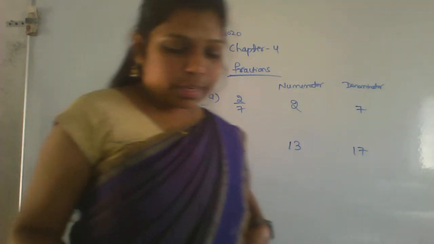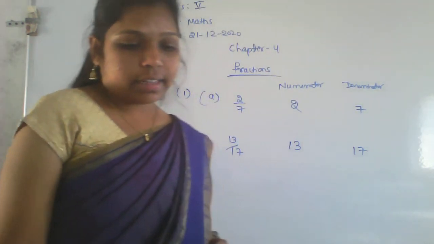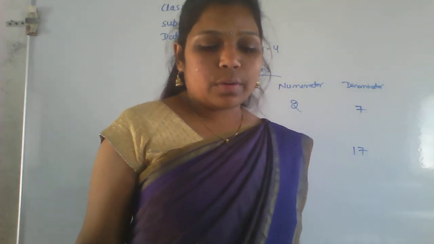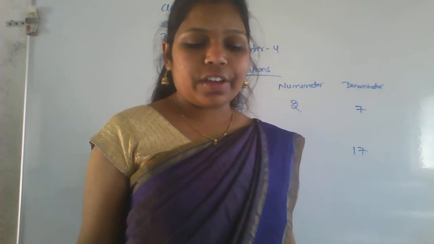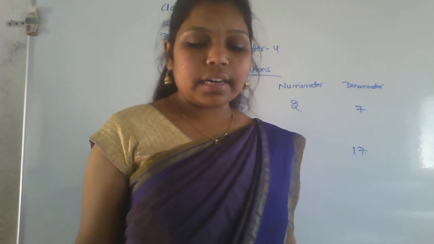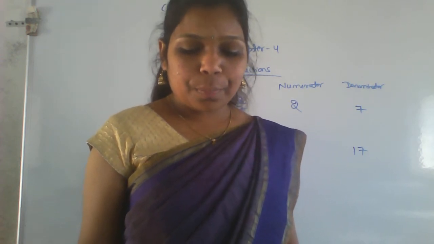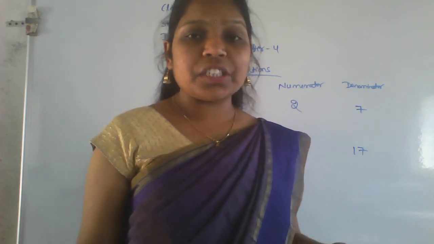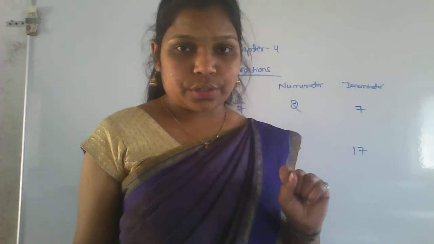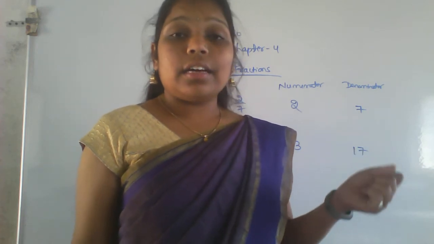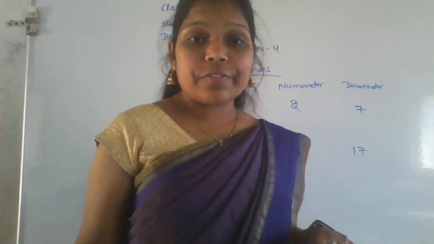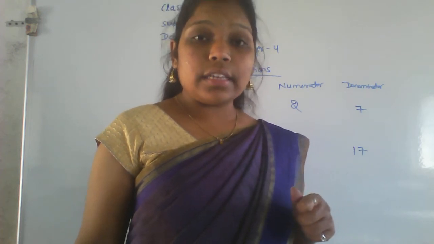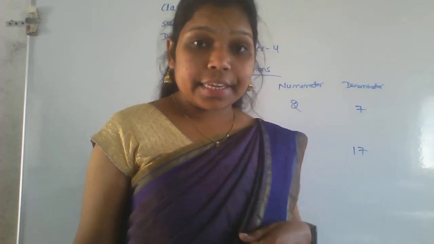Next we have the second one. What have they given? Classify the following fractions as proper, improper and mixed fractions. A mixed fraction contains some integer. A proper fraction means the numerator is always less than the denominator.